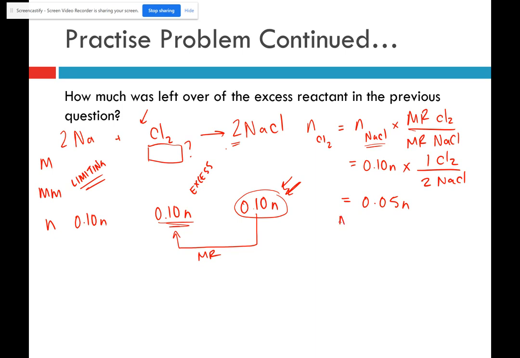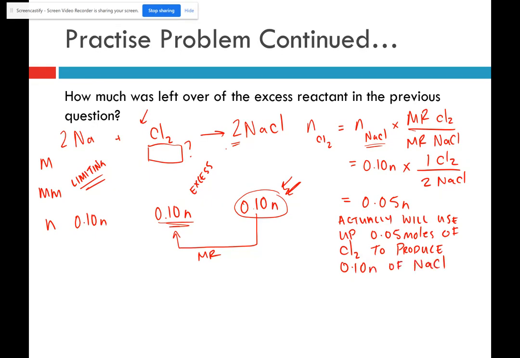So I'm actually going to use up 0.05 moles of chlorine to produce 0.10 moles of sodium chloride. So I'm actually only going to use 0.05 moles of my 0.1 moles available to me.